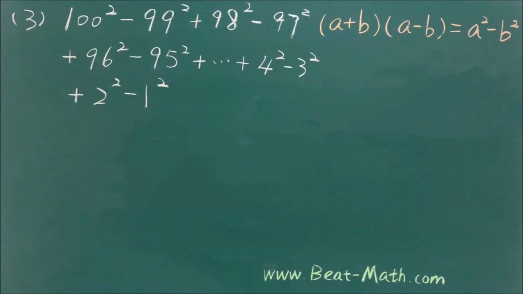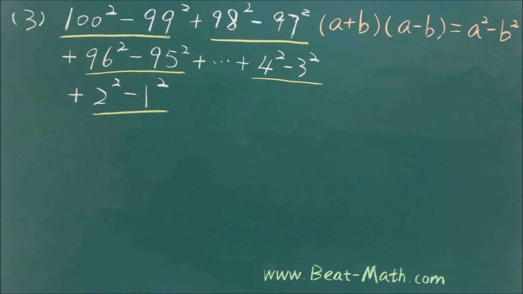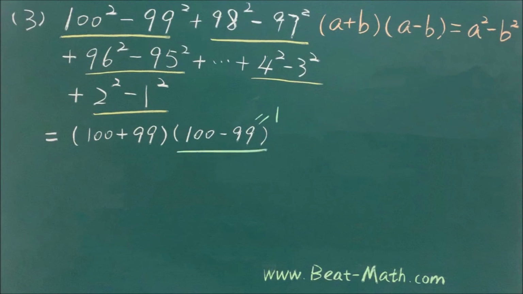We can use the difference of squares formula again when we write the first pair of numbers. 100 squared minus 99 squared is equal to (100 plus 99) times (100 minus 99). 100 minus 99 equals 1, so it becomes 100 plus 99.